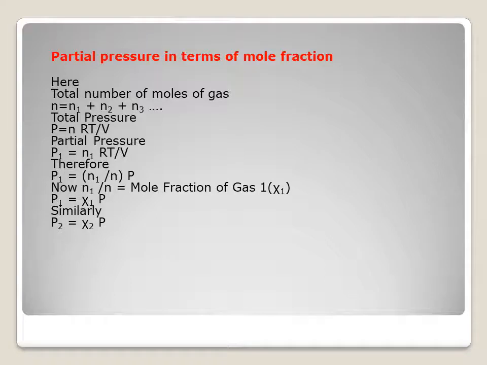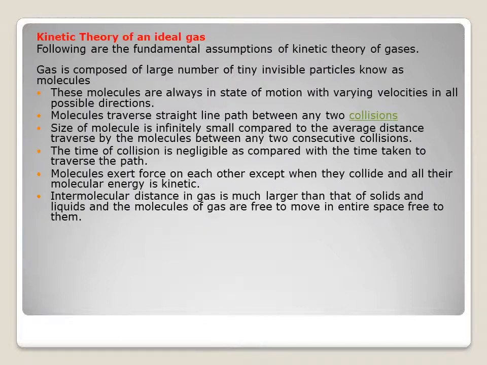Therefore P1 = (n1/n) P. The number of moles of a particular component with respect to the total number of moles of the solution is the mole fraction. It was studied in chapter 1. So n1/n = x1. Therefore P1 = x1 P. Similarly P2 = x2 P. So this is the relation.